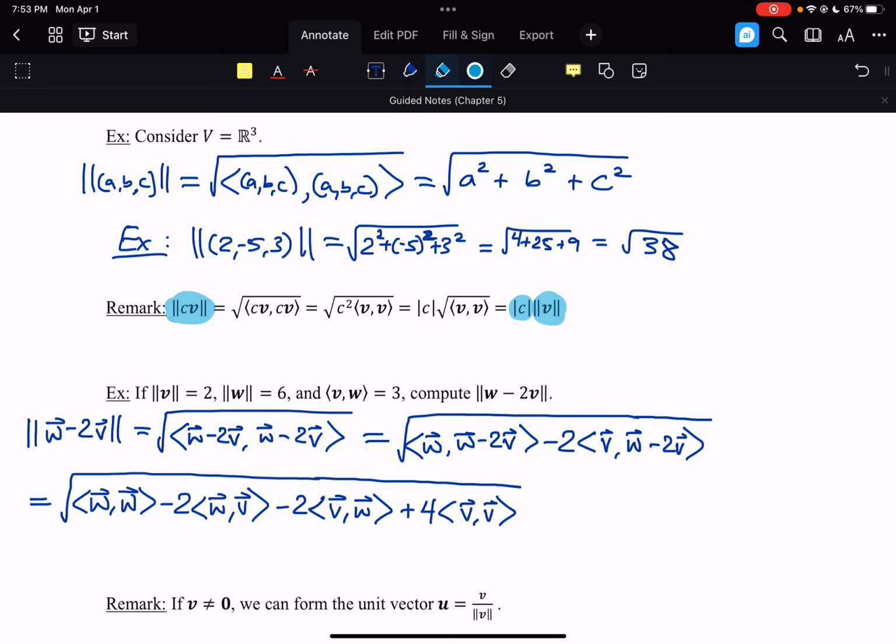And again, it's interesting the way that it works out. It does look kind of like a foiling problem, like first, outer, inner, last. So we get w with w, we get 2wv right here, we get 2vw right here, and we get 4vv right there.